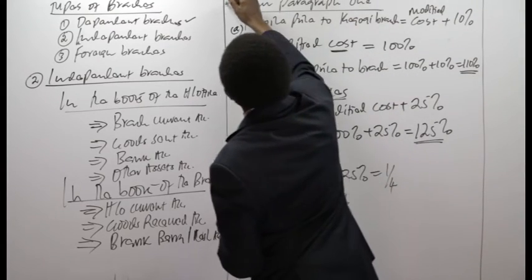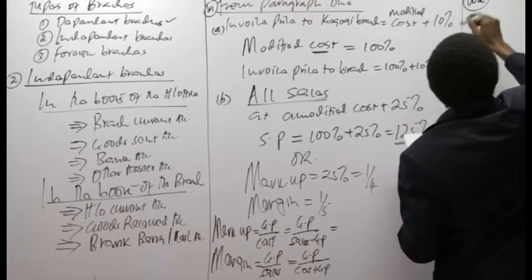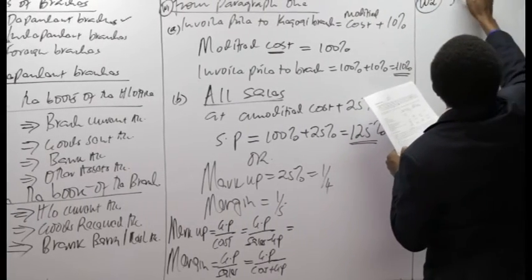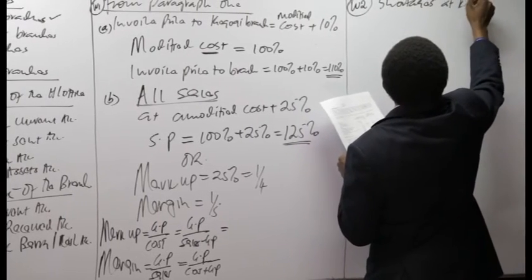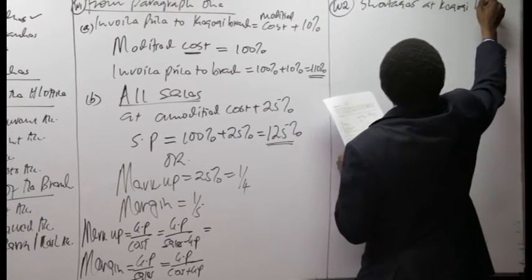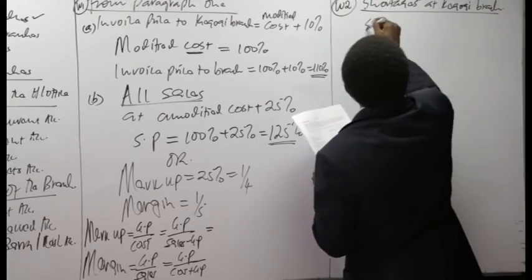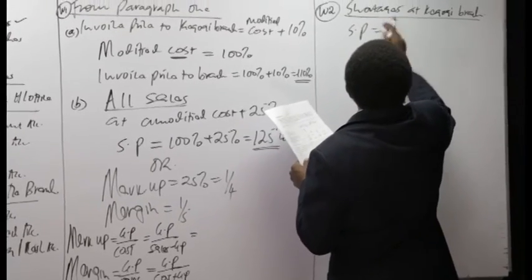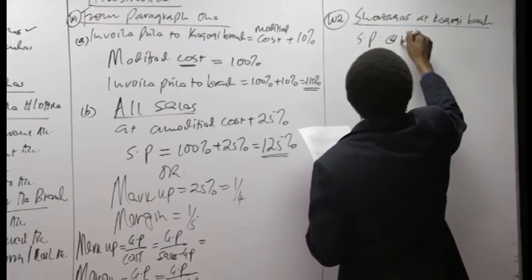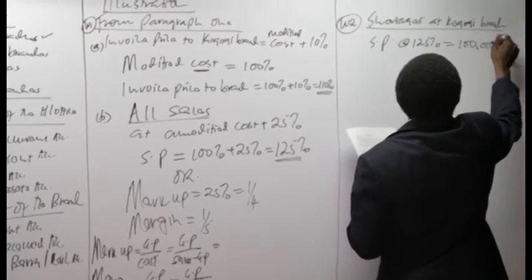Let me call this working 1, and then we come and say working 2. Working 2, we have the shortages at Kegogi branch. The selling price, friends, is something to do with the 100,000. So the selling price, which is at 125%, is equal to 100,000.